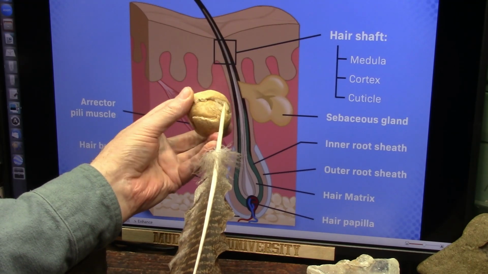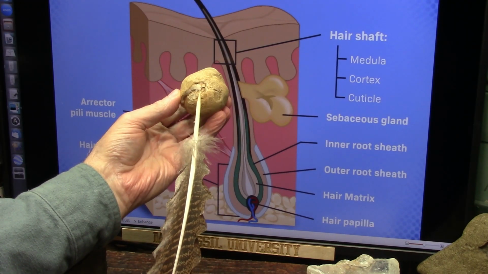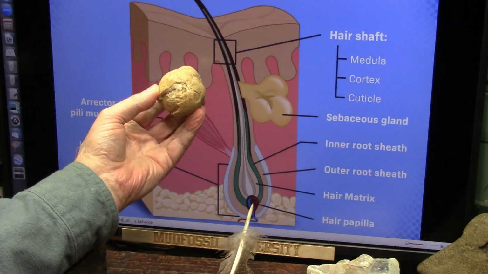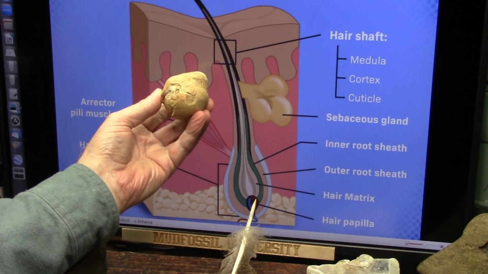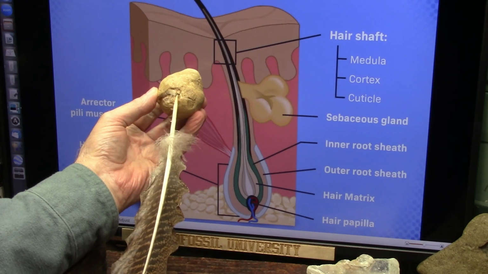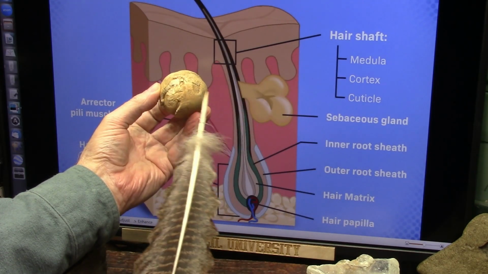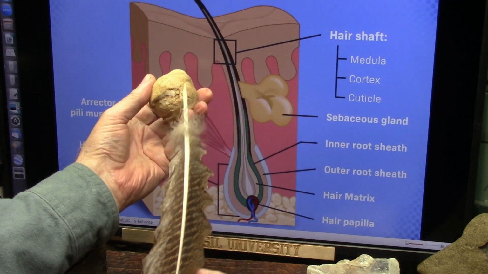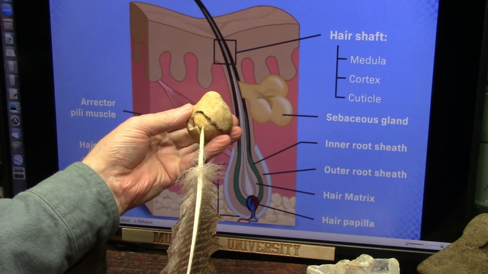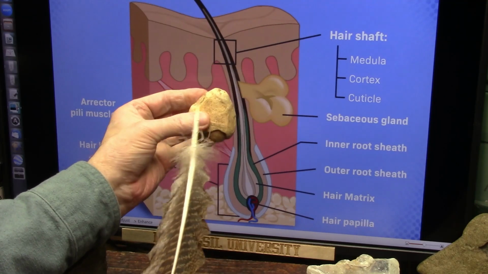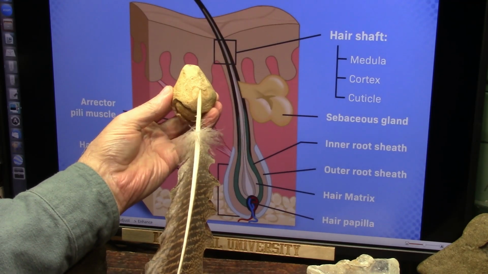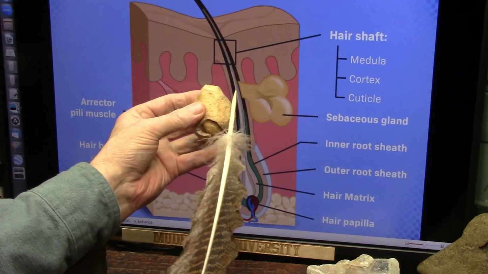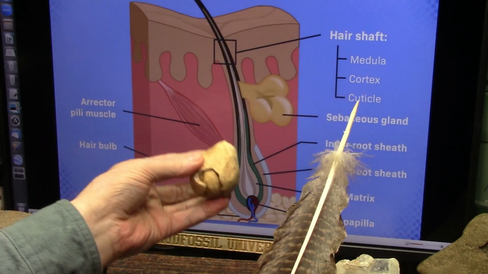And right there, that little dot and that little dot, those two are the hair papilla, which is the vein and the artery that supply this with nutrition. All right, so from there, it comes out, and the shaft comes straight up the middle. Muscle, sebaceous gland, vein and artery, shaft, 2 inches approximately wide.